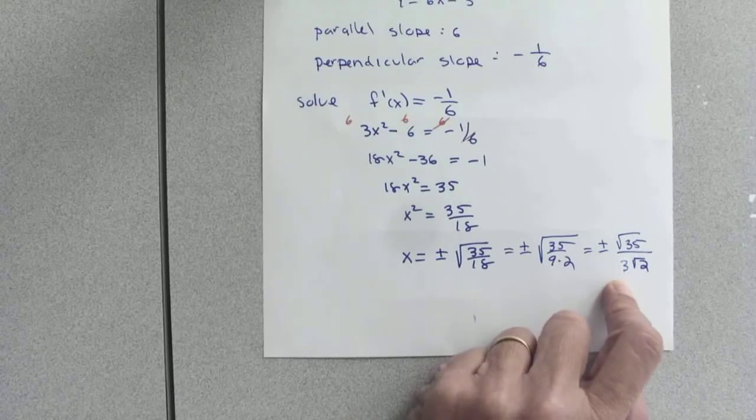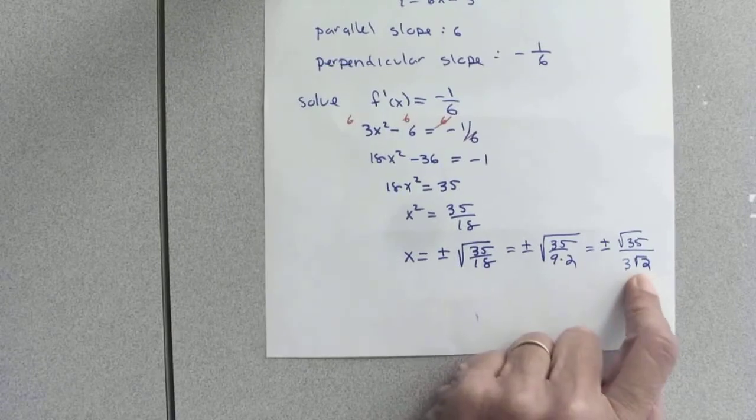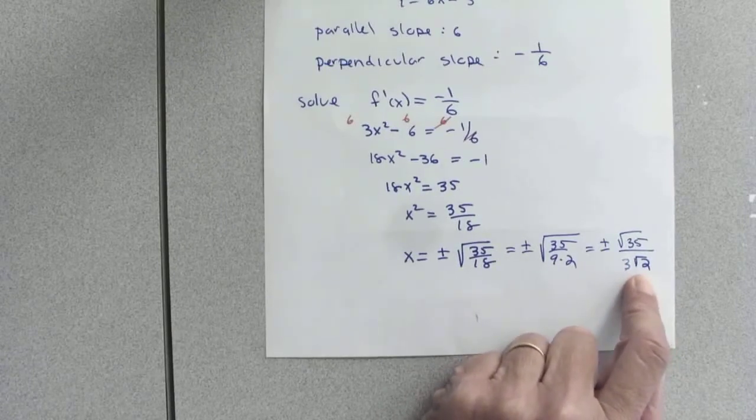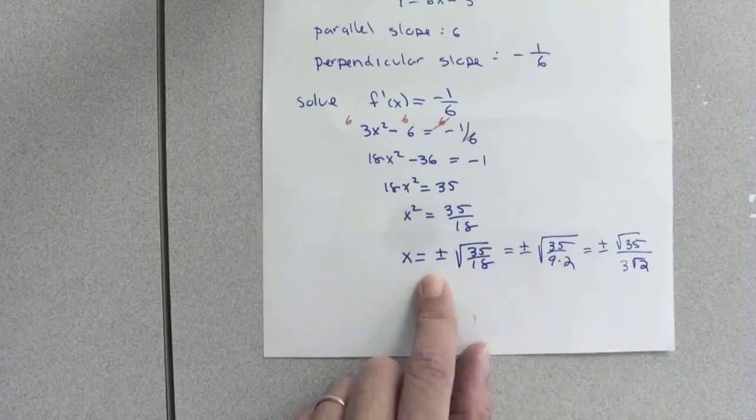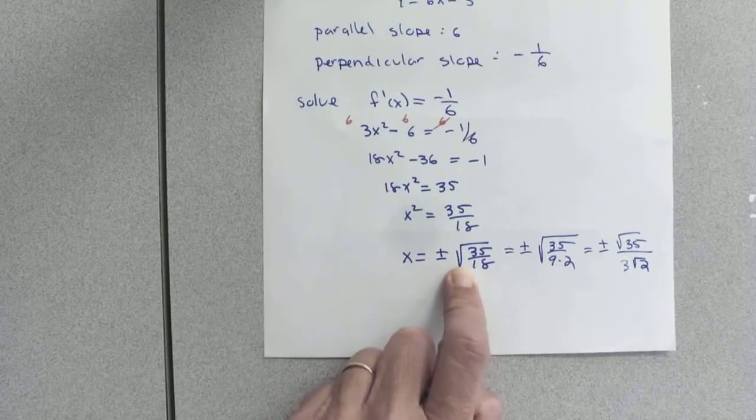Now, sometimes some teachers require you to rationalize denominators. I don't care about that at all, and my experience has been that MyMathLab isn't going to make you rationalize that square root of 2. It very well may make you simplify the square root of 18, and if it does, simplify the square root of 18.